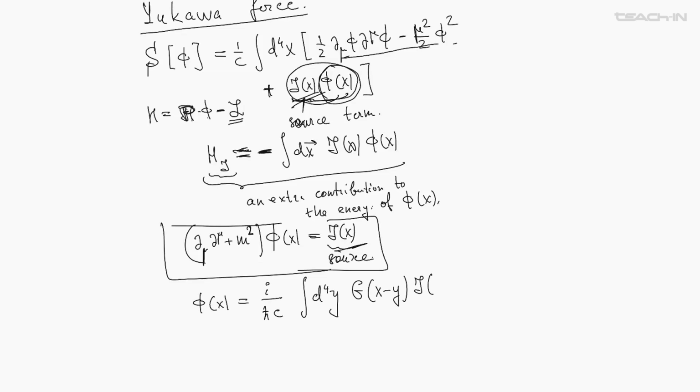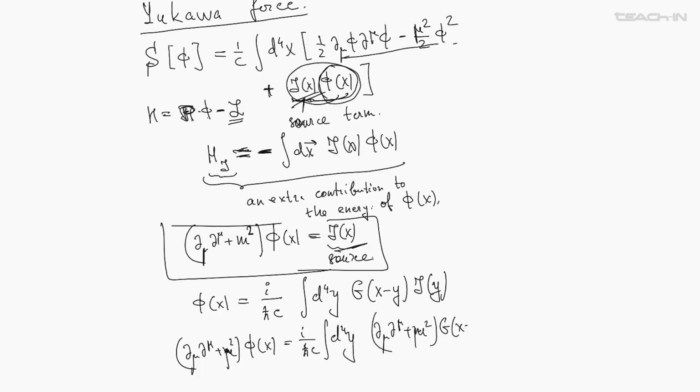Indeed, if you now apply the Klein-Gordon operator to the field φ(x), then this Klein-Gordon operator, with its μ², hits the Green's function under the integral, G(x−y) j(y). When it hits, it produces, by definition of the Green's function, minus iħc times the four-dimensional delta function δ(x−y).